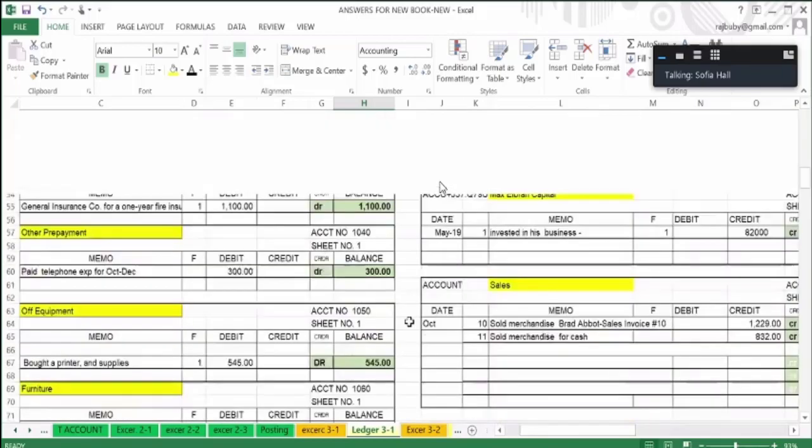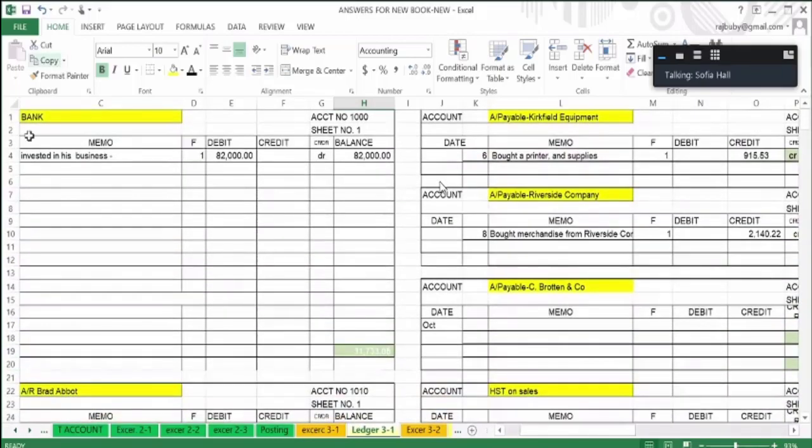Go to bank, the third line. Yeah, this one. You can use the formula equal sign H4 plus E4 minus F4.